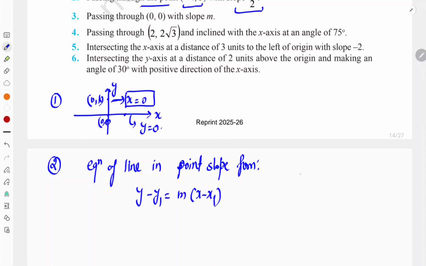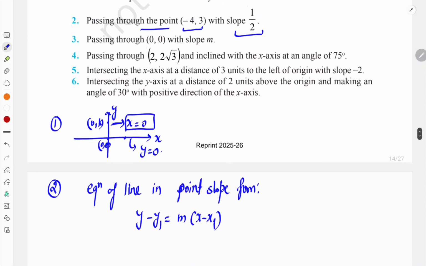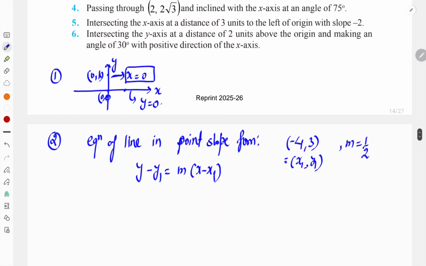Dear student, the point is given in the second problem: (-4, 3). It is like (x1, y1), and the slope m is given as 1/2. We'll put in the values. So the equation of the line: y minus y1, which is 3, is equal to m, which is 1/2, times (x minus (-4)).